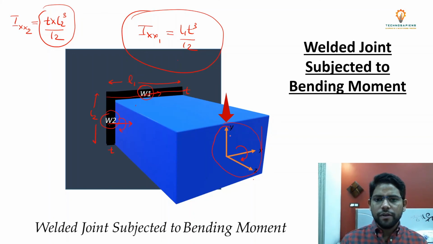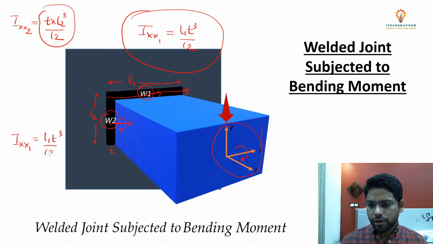So for that, we will calculate the second moment of area for the first weld about the x-axis of our Cartesian coordinate system. For that, we will use the parallel axis theorem.